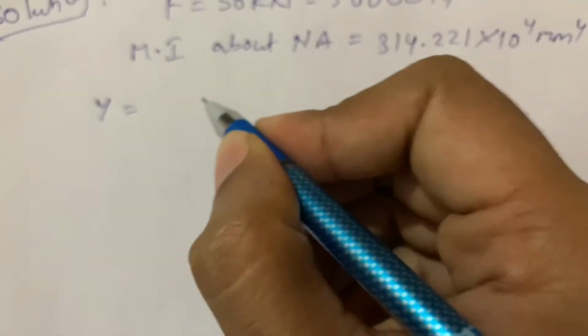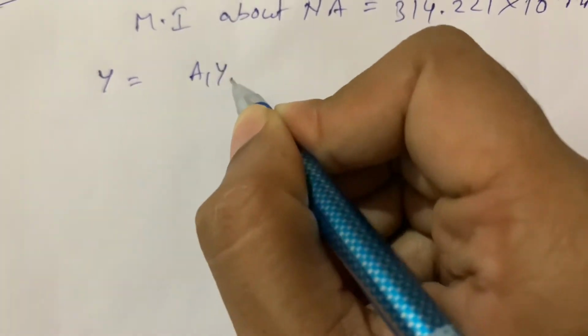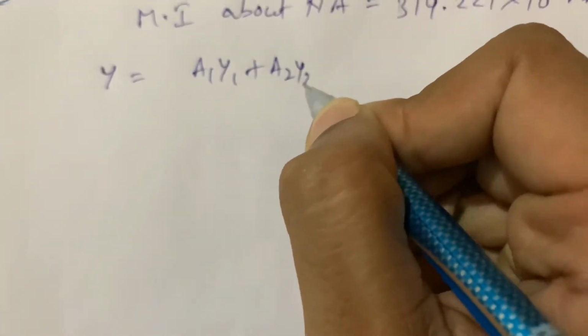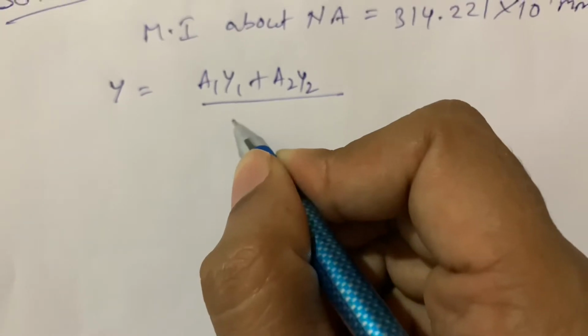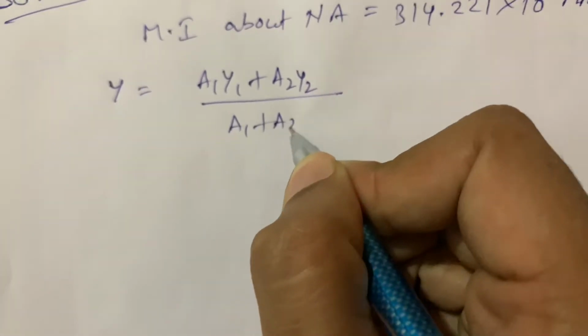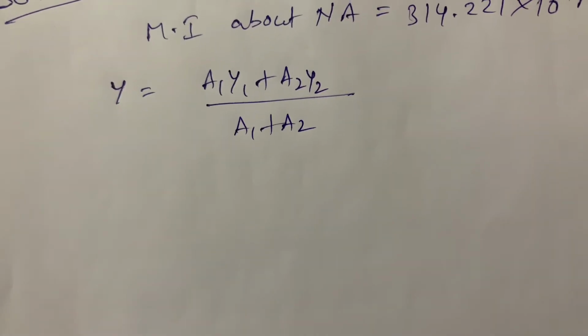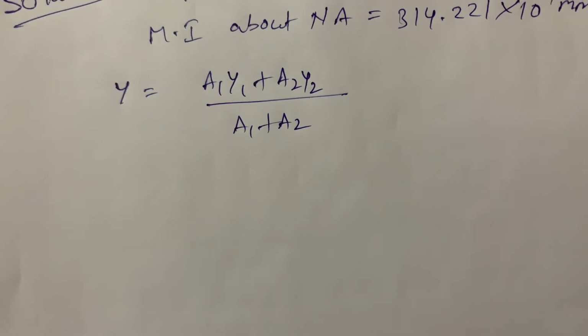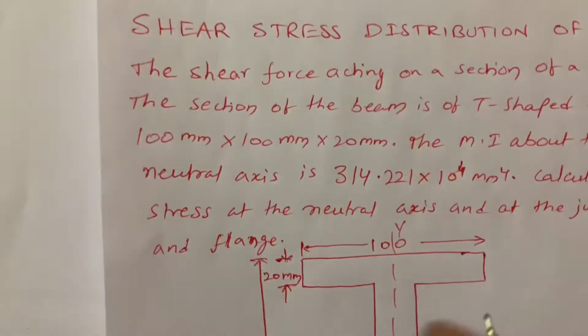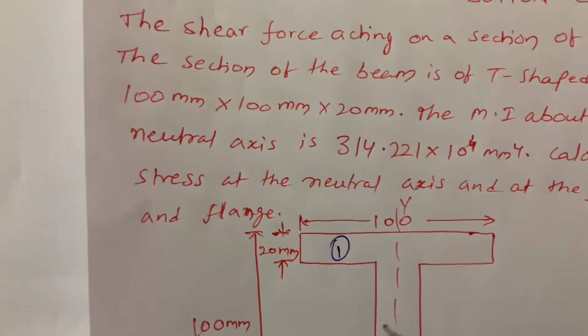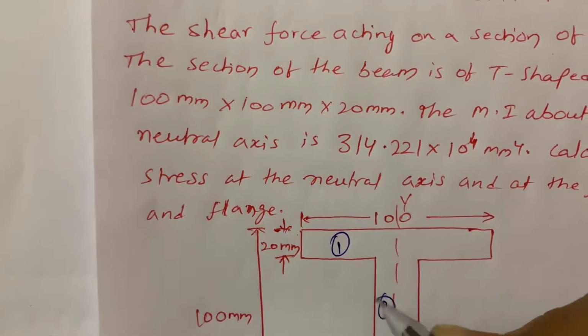So the formula is A1Y1 plus A2Y2 divided by A1 plus A2. A1 is the area of the flange, which I am considering as 1, and the web as 2.